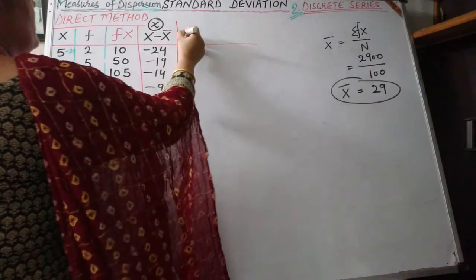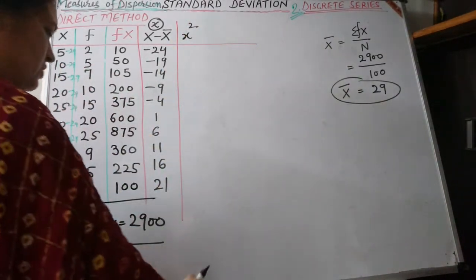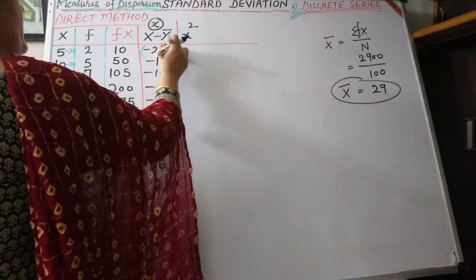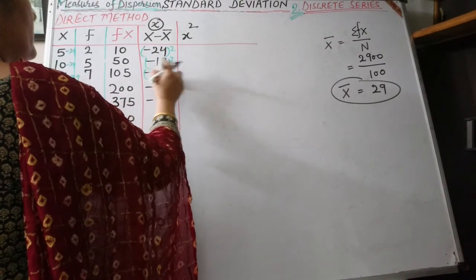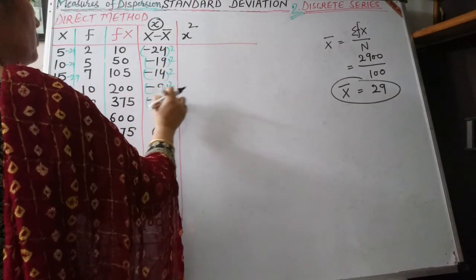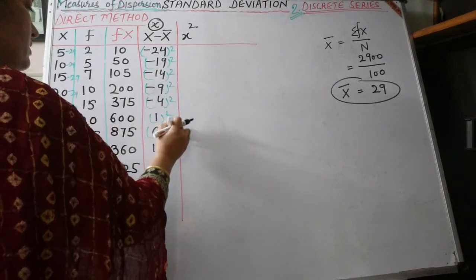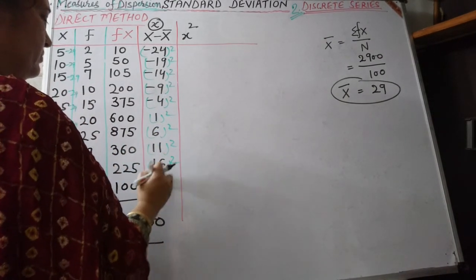Then x square. For the calculation of x square: minus 24 square, minus 19 square, minus 14 square, minus 9 square. So all the squares will be there.